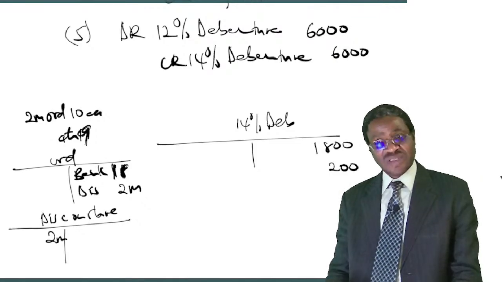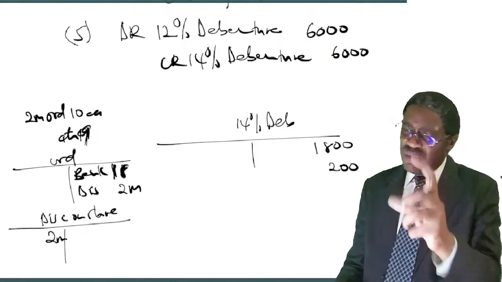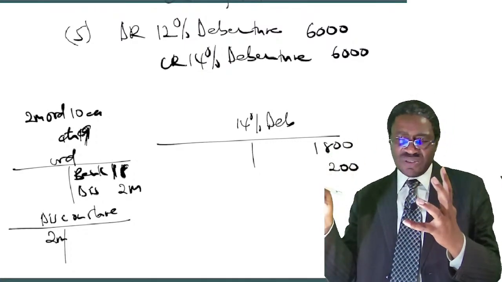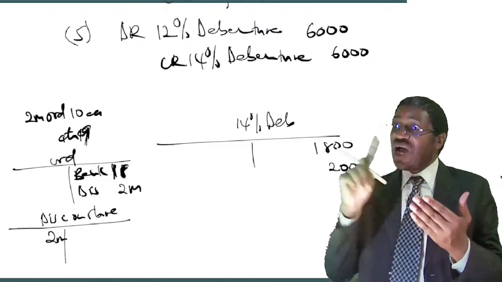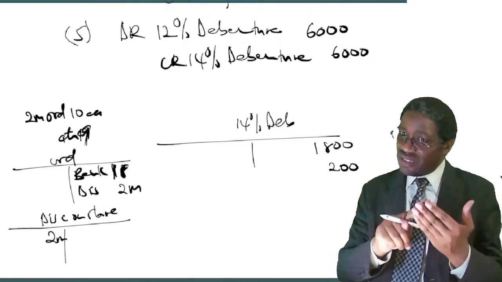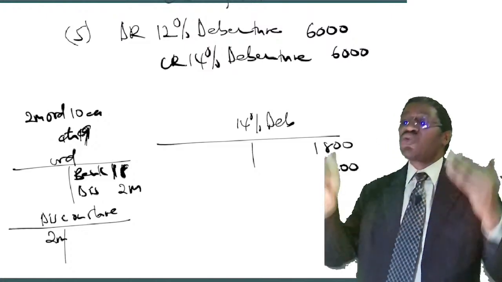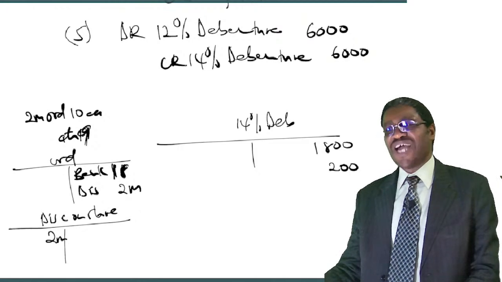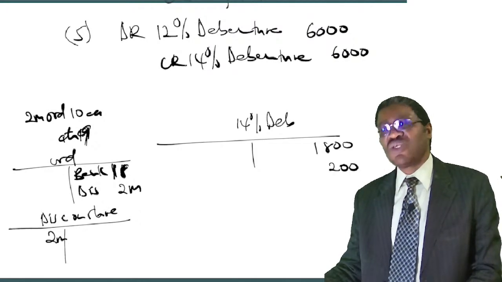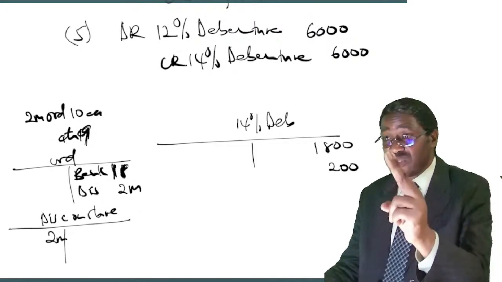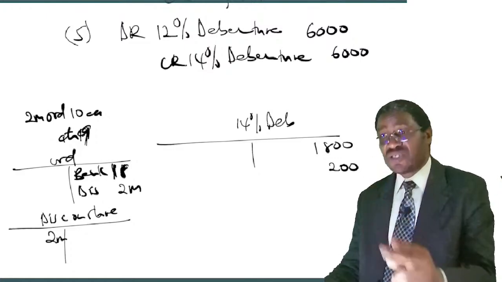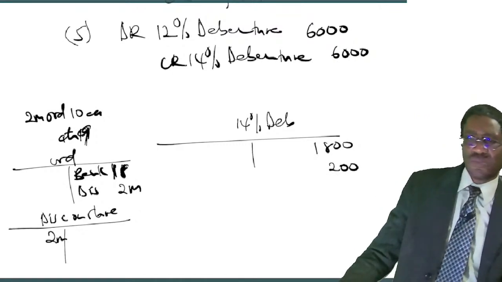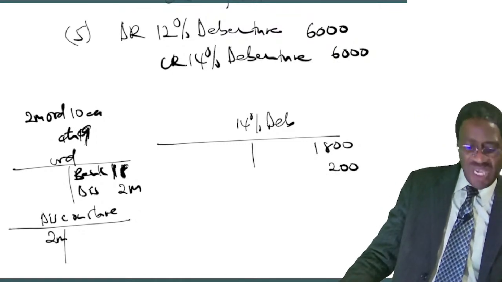Now listen. You issued debentures worth 2 million at 1.8 to the company. Is it a gain or loss, Andika? You are issuing debentures worth 2 million at 1.8. As a company, are we gaining or losing?